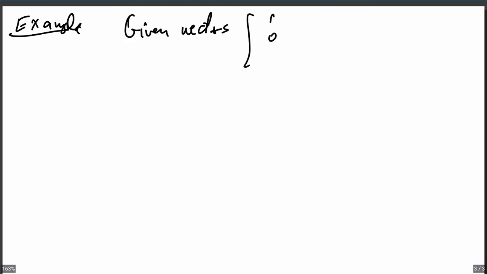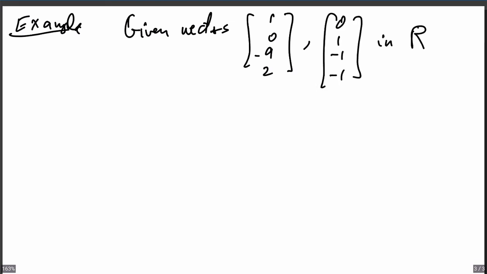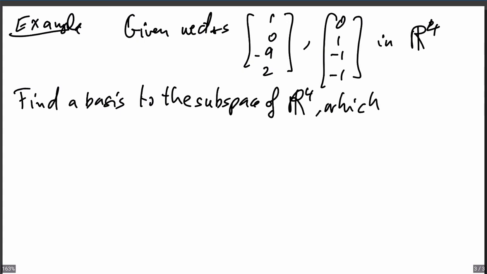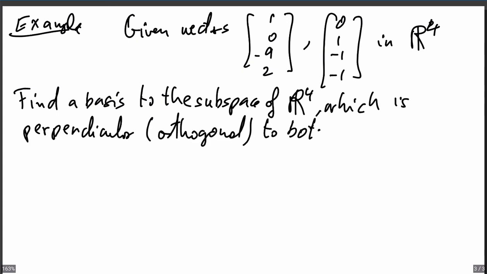Another interesting question is when we have two vectors, (1, 0, -9, 2) and (0, 1, -1, -1). This is in R4. Then find a basis to the subspace of R4 which is perpendicular, or orthogonal, to both vectors.